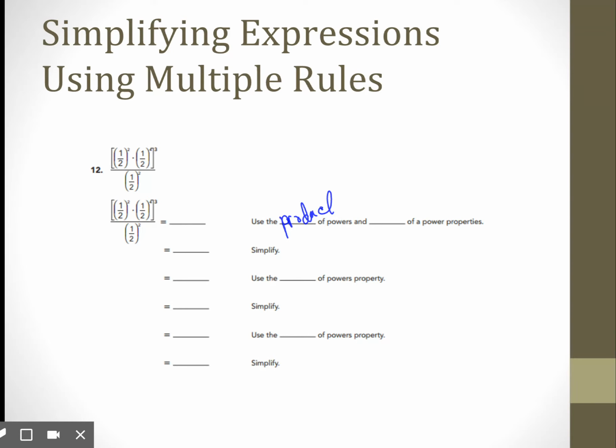On the top, I'll have my 1/2 raised to the 2 plus 4, and all of that raised to the 3rd power, still over 1/2 to the 2nd. So that simplifies to 1/2 to the 6th.